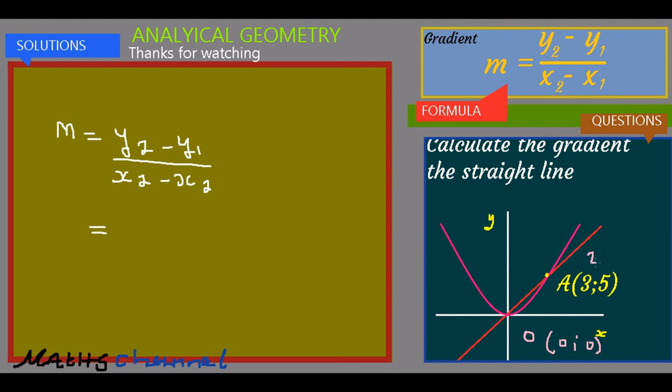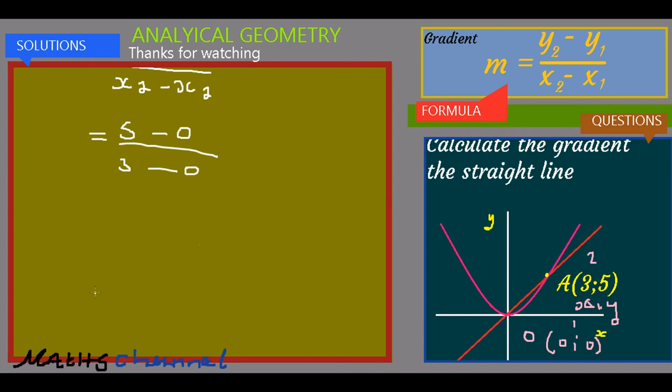Let's call this our 2, our 1s. y2 here is 5, minus 0, over x2 here is 3, and x1 is 0, so the gradient is 5 over 3.